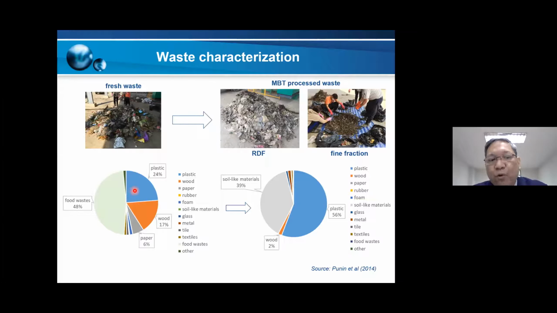About 1/4 of the waste composition is plastic, and after stabilization in the windrow system, more than half of the remaining component is plastic waste, because the biodegradable waste is biodegraded and ends up as a soil-like material. So mainly this is the component that remains after the biostabilization.